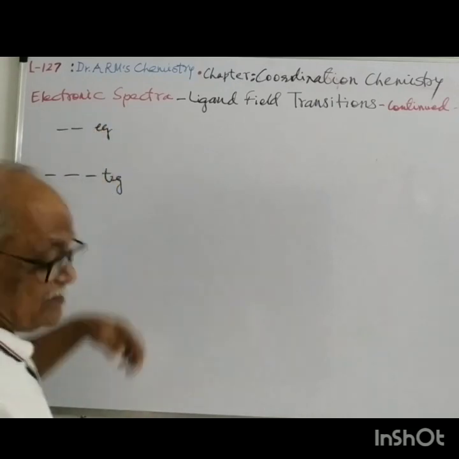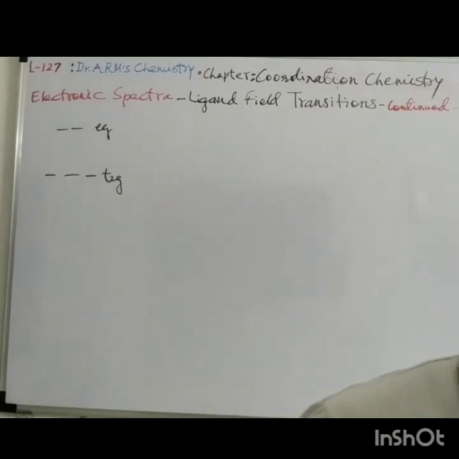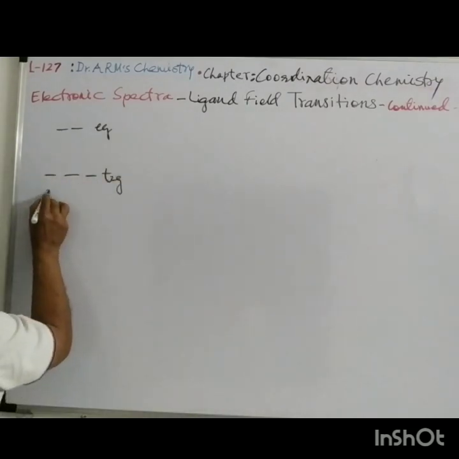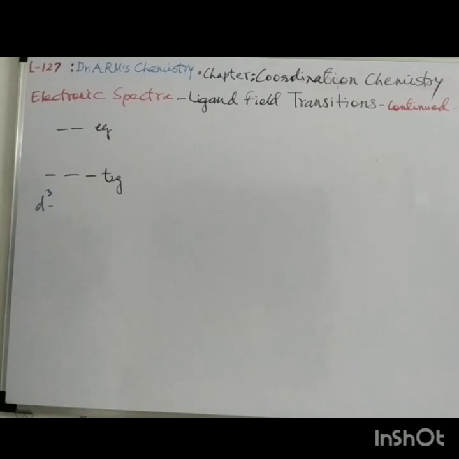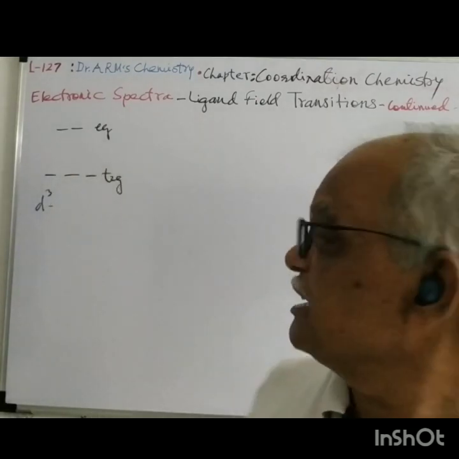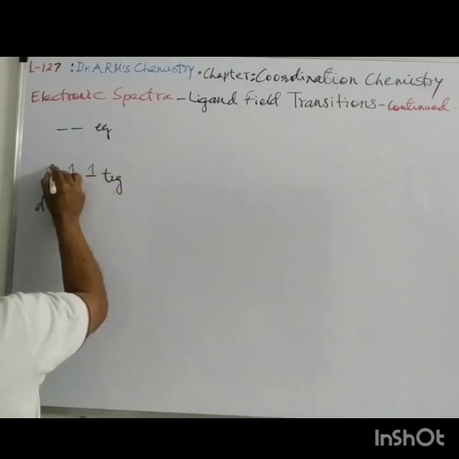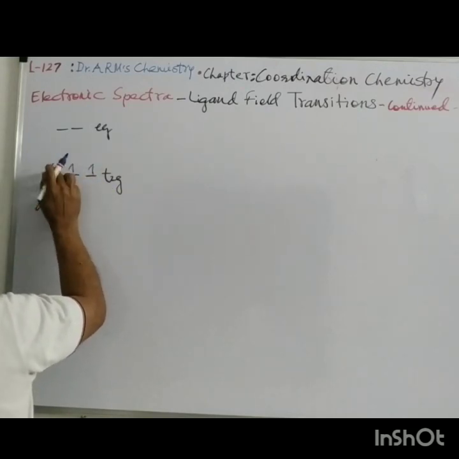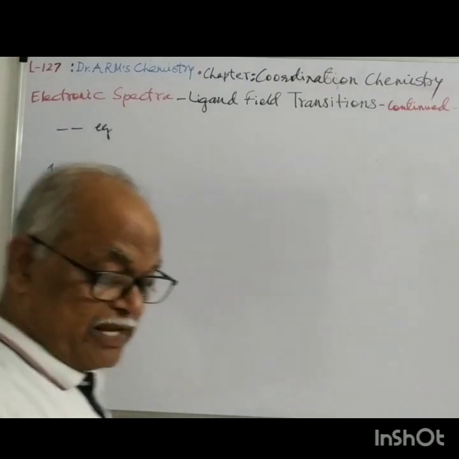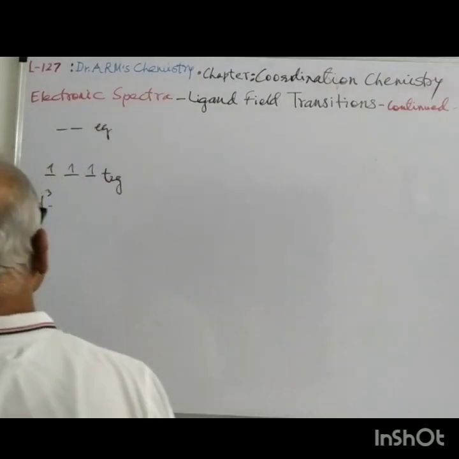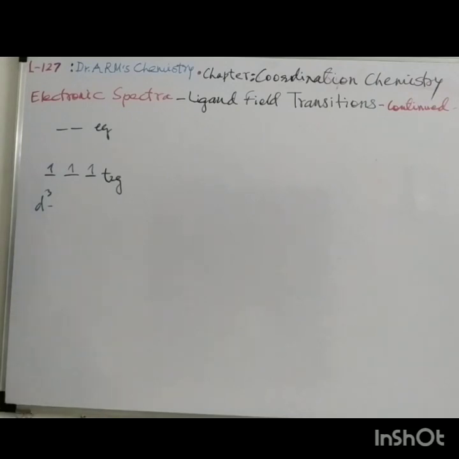Each orbital is t2g in nature, and if you consider the d3 configuration, for which we can have 3 electrons, these 3 electrons can be moved from the t2g orbitals to the eg orbitals.